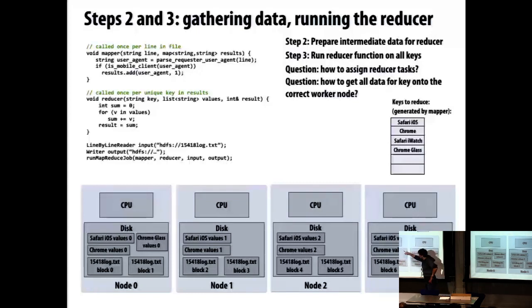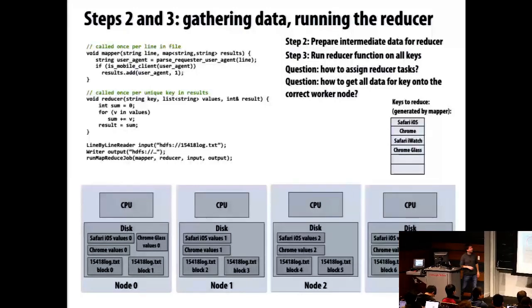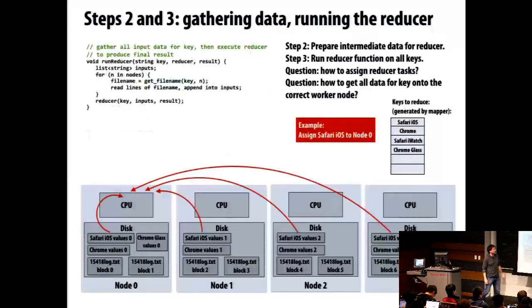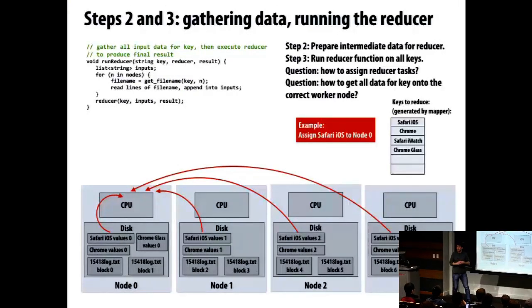And then the node needs to read, let's say, I think I actually have an example on the next slide. If the node says, OK, I'm responsible for doing the reduction for Safari iOS, let's say node 0 is, node 0 is going to read all of the Safari iOS files across the cluster, bring that together into the list, and then call the reducer function.